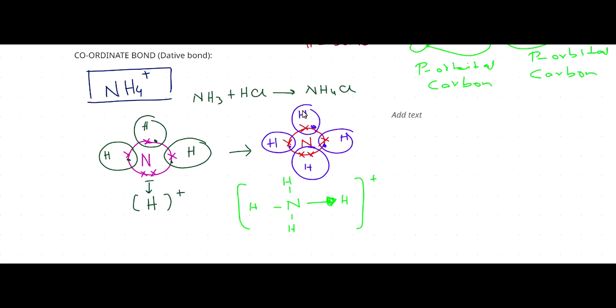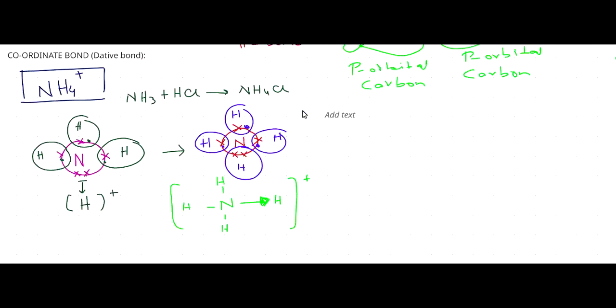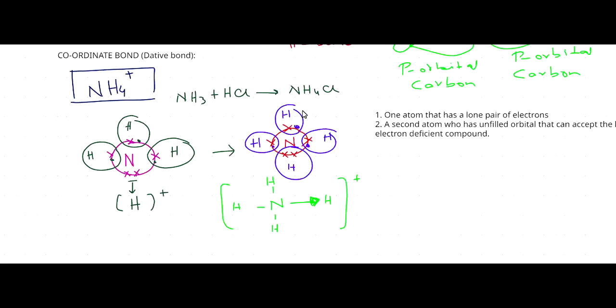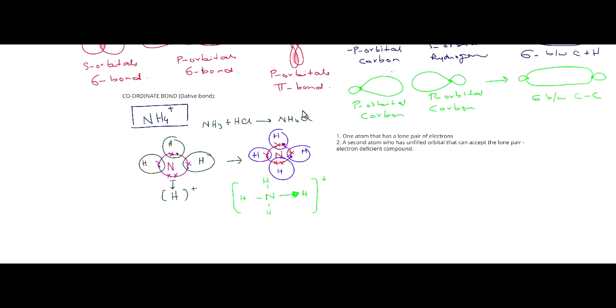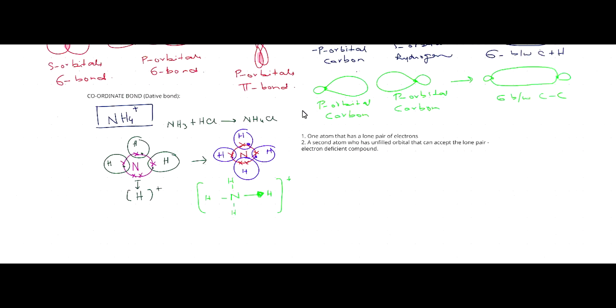So we need an electron deficient compound that needs to be present. Only when both of these requirements are met are we going to see a covalent dative bond. It doesn't just form randomly with your hydrogen atom or with any other atom.